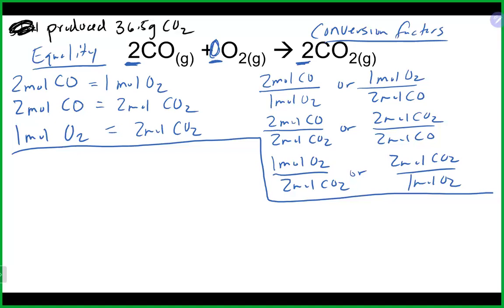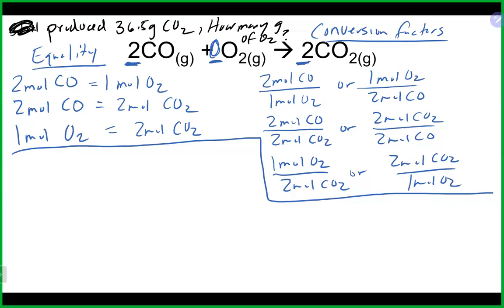And we want to know how many grams of O2 did we start with. So in this equation, we produced this much CO2. We want to actually know how many grams of oxygen we started with to produce that much. So we want to follow our 4 steps.